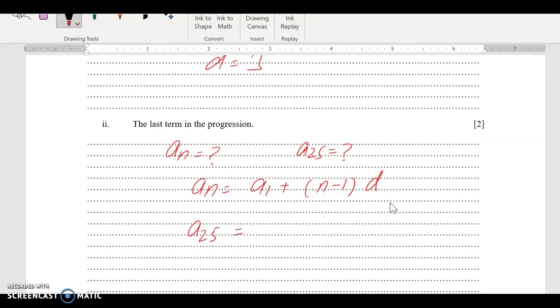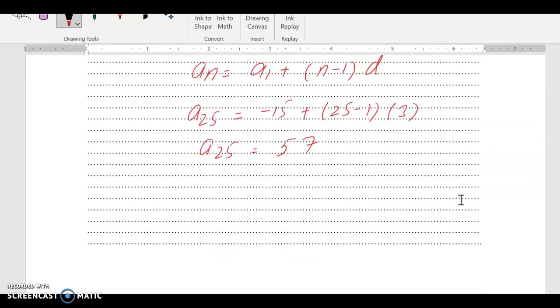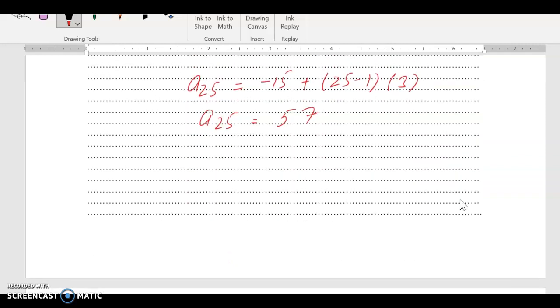So a25 is equal to minus 15 plus 25 minus 1 times the difference. So a25 will be 57, which means the last term is 57.